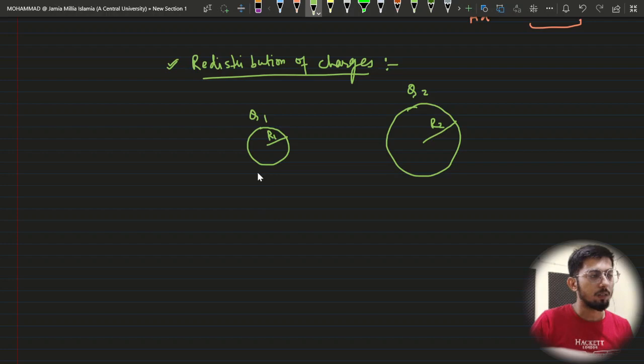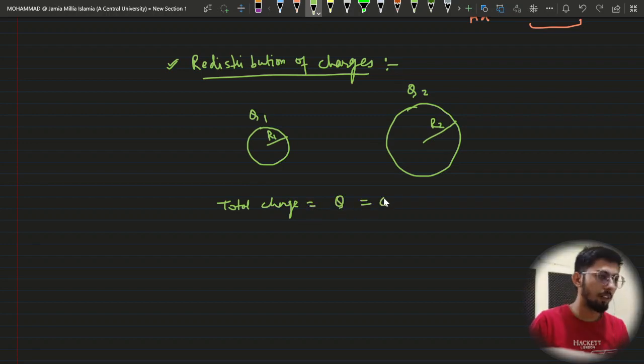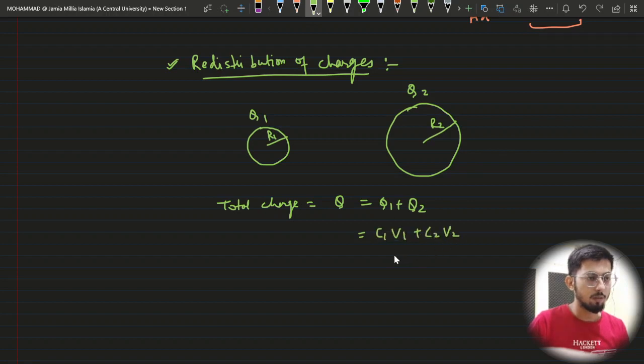Before we touch them, we want to see the total charge initially on both of them, which will be Q, let's say, Q1 plus Q2. Q is C into V, so C1 V1 plus C2 V2.